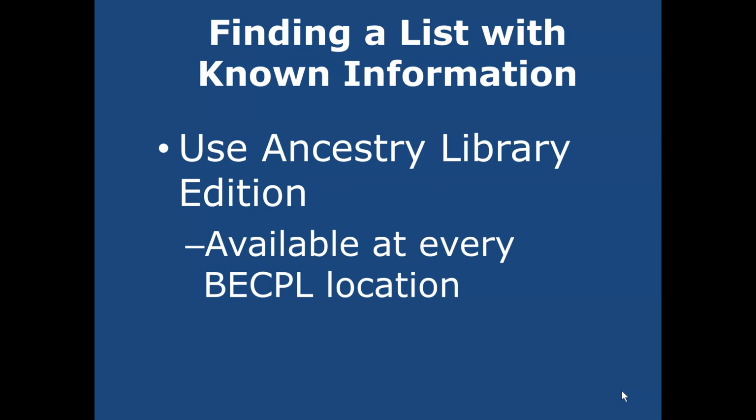Normally it's not available from home, but due to the New York State pause for COVID-19, there is temporary access from home with your library card. If you are outside of the Buffalo and Erie County area, check with your local library to see if they subscribe to Ancestry Library Edition if you don't have the home version for yourself.